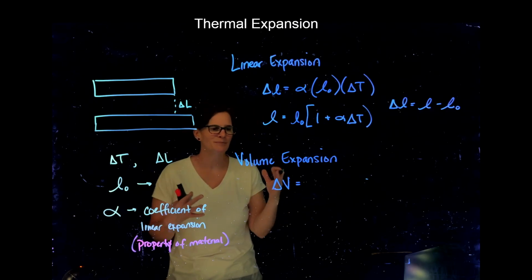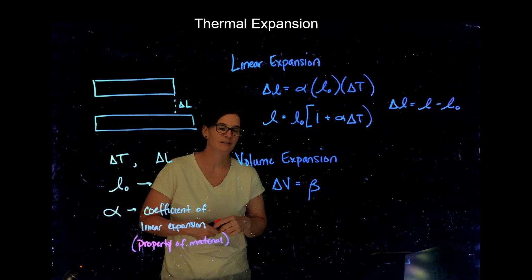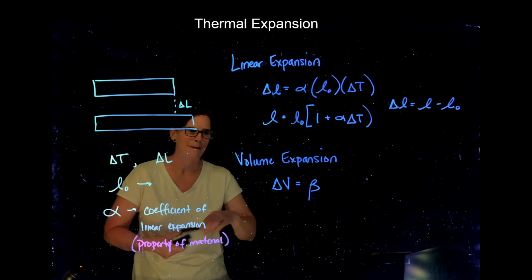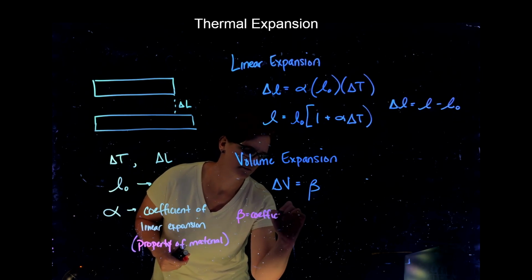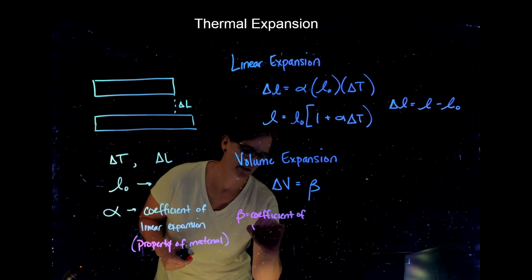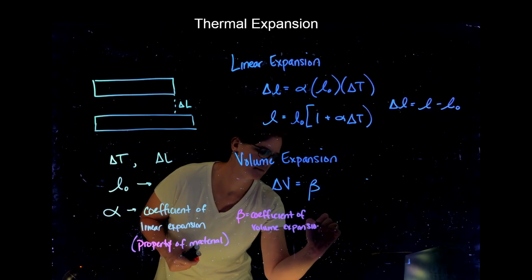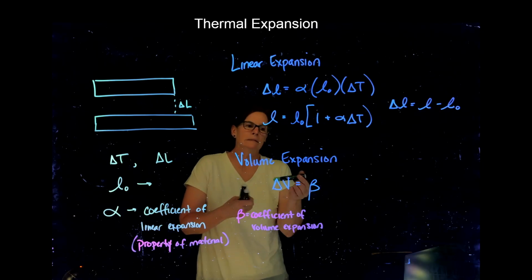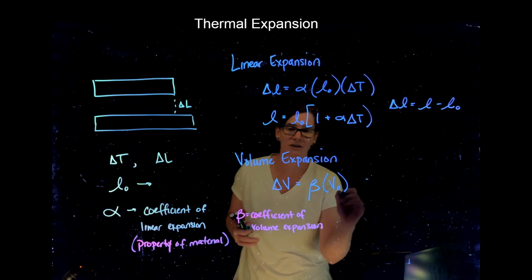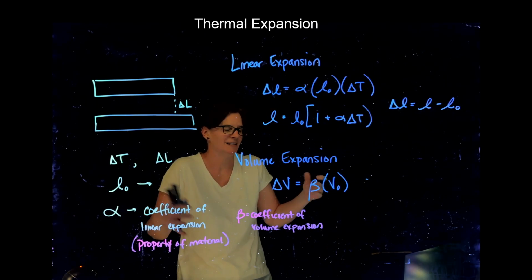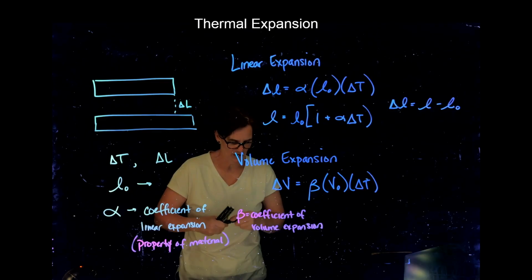And now we're talking about that property in a different way. It's going to be the coefficient of volume expansion, beta, times that initial volume, which matters because it's how much material we have to expand, times the change in temperature. All right?